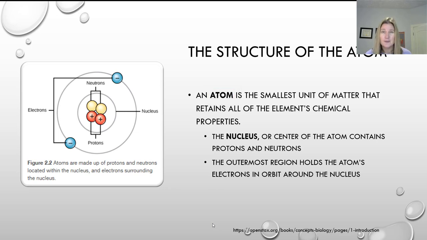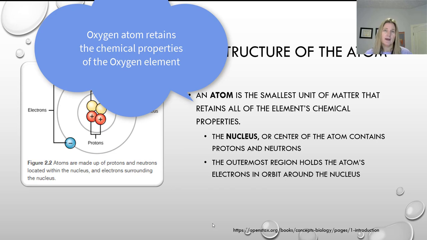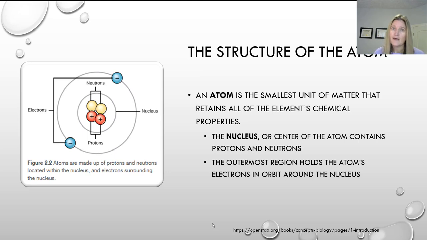So for example, if I'm talking about an oxygen atom, that oxygen atom is going to have all of the properties of the element oxygen. If I'm talking about a hydrogen atom, that hydrogen atom has all of the chemical properties of the element hydrogen.